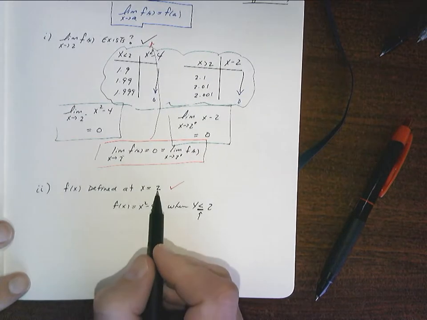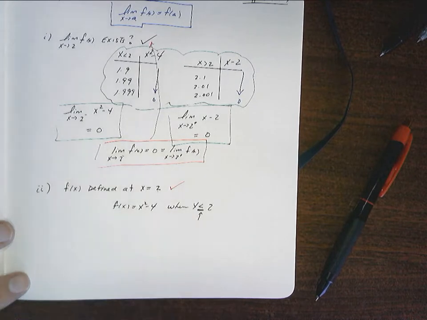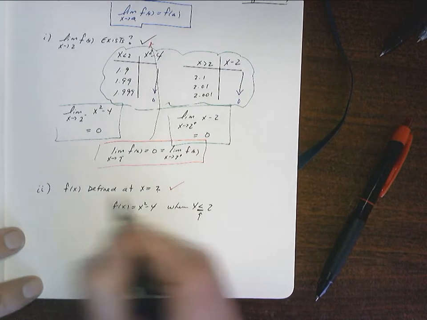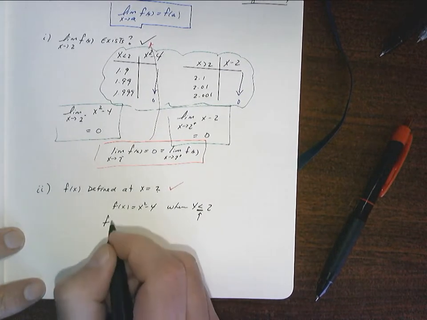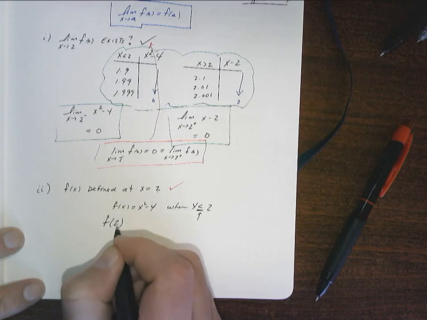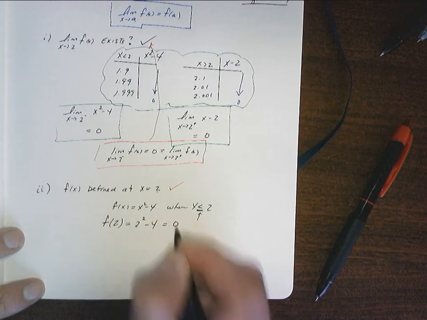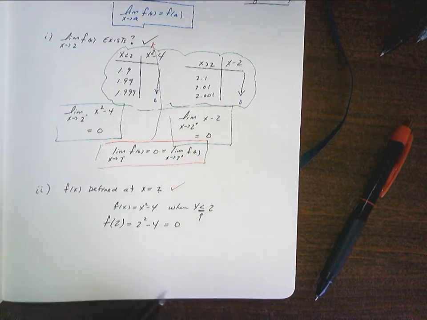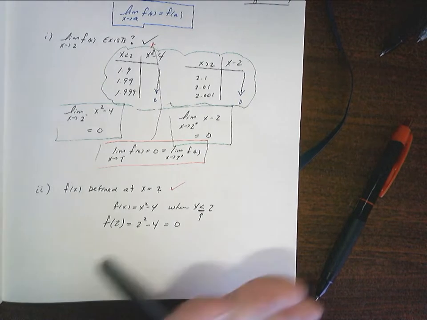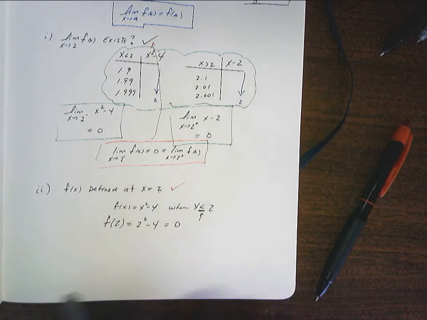So in this case, the a value is 2. Or if you wanted to simplify this a little bit, you could give me the value and tell me f of 2 is equal to 2 squared minus 4, equal to 0. And that's another way of showing me that it is defined there. Either one of those is great. You don't need both. Either one.